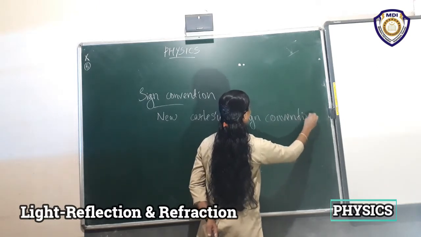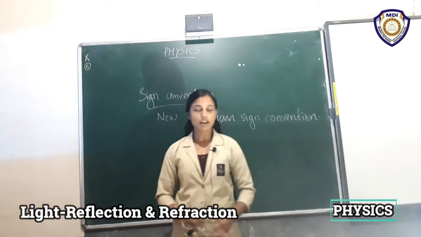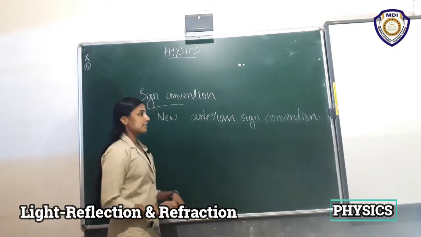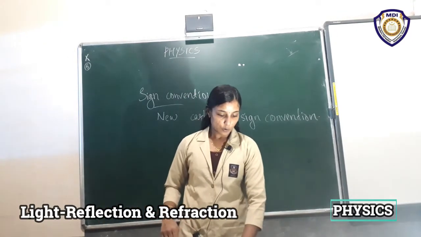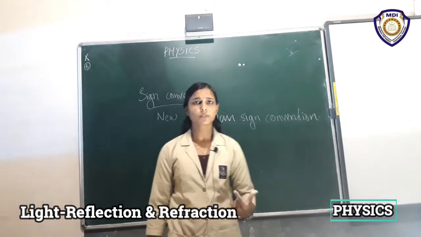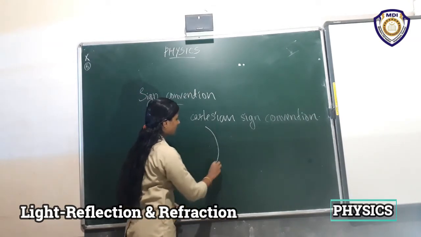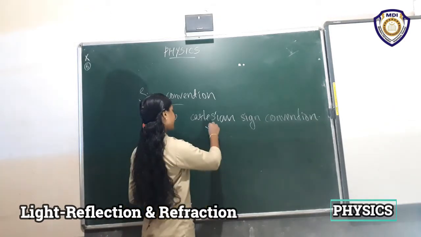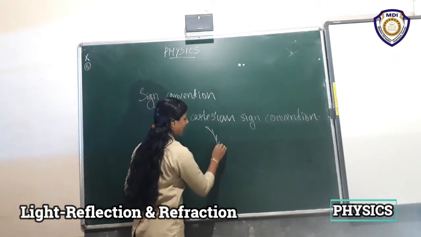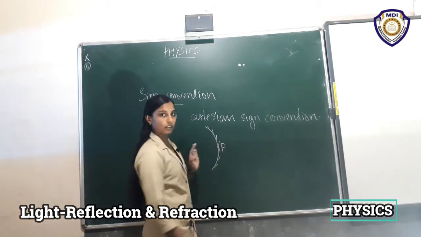New Cartesian sign convention. In this convention, the pole is the center, right? The pole of the mirror is taken as the origin. What is the pole? In the case of a concave mirror, this is the non-reflecting part and this is the reflecting part, and this midpoint is the pole, and this is taken as the origin.